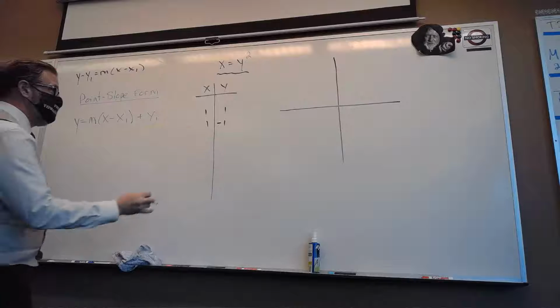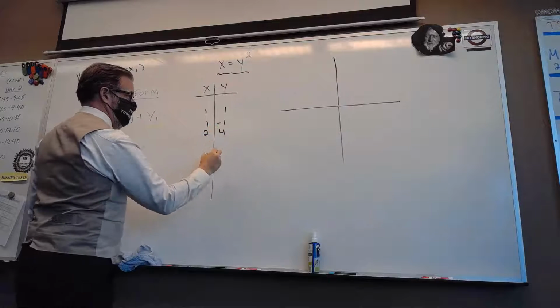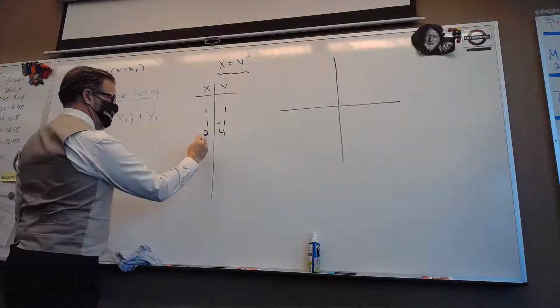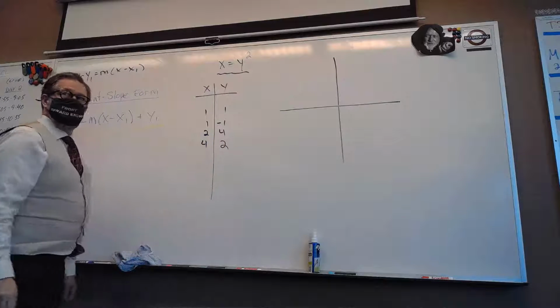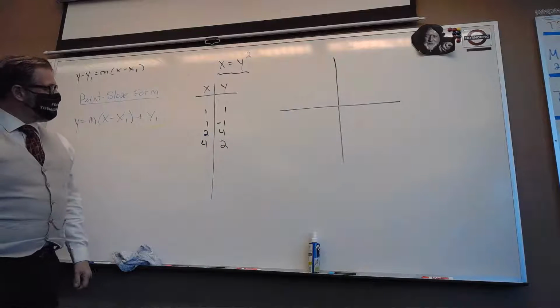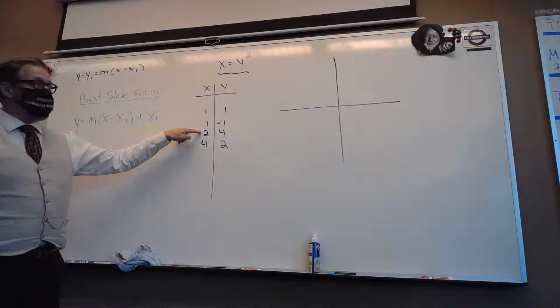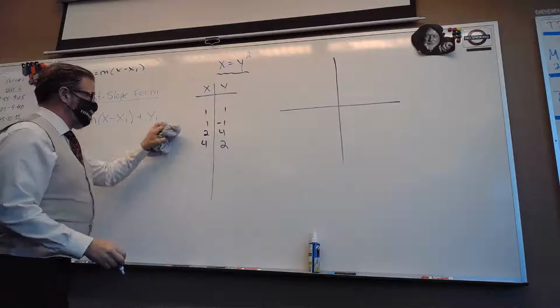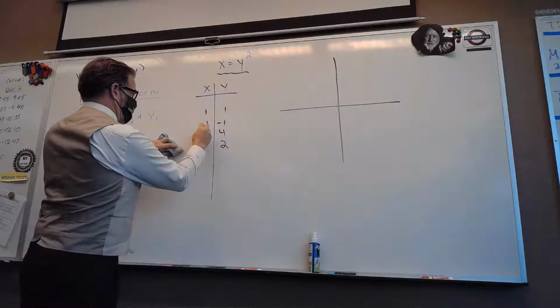2, 4. 4, 2. So that doesn't work. Because 4 squared is definitely not 2, it's 16. Yeah. But I could put 16 for there, but I don't want to.